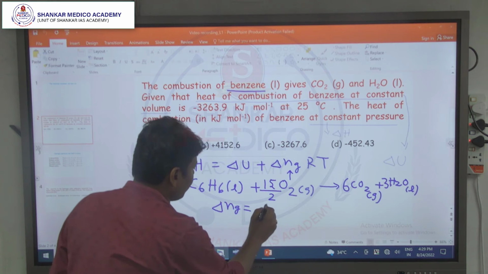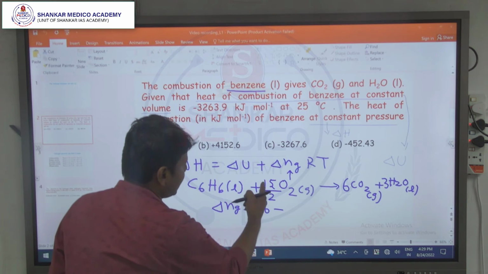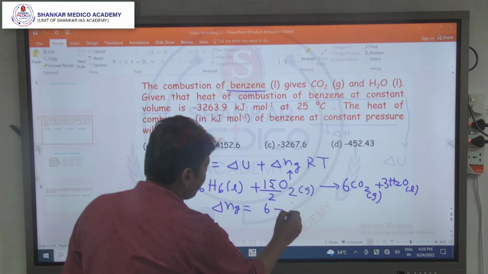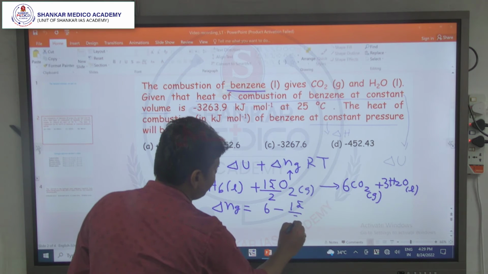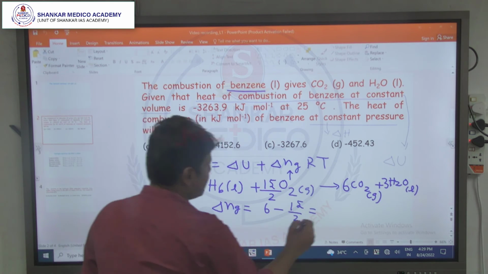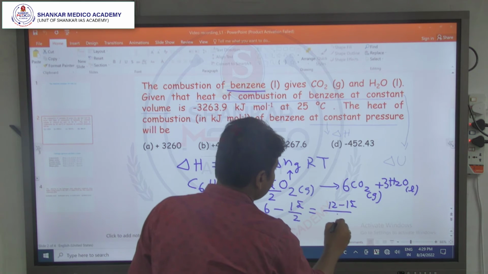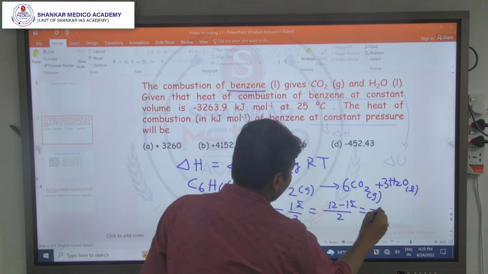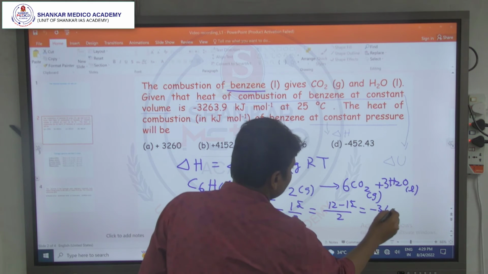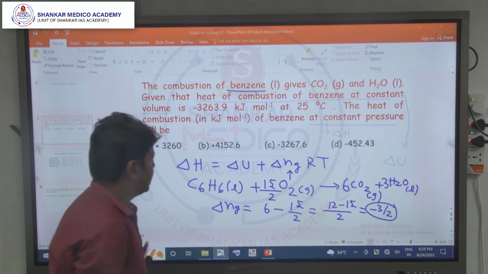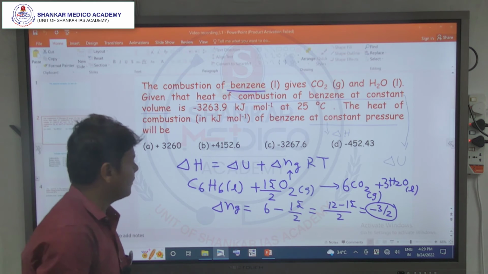Carbon dioxide. How many number of moles? 6. Then here in terms of reactants, we are having 15 by 2. So, this gives me 6 minus 15 by 2. It is nothing but minus 3 by 2. So, I have my delta Ng is negative value.